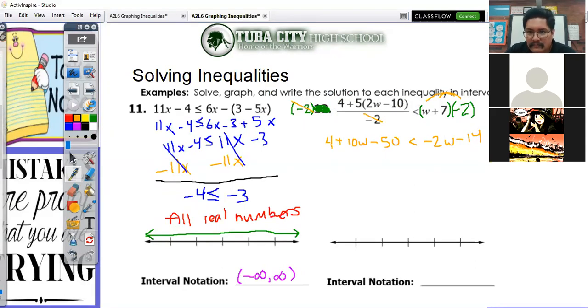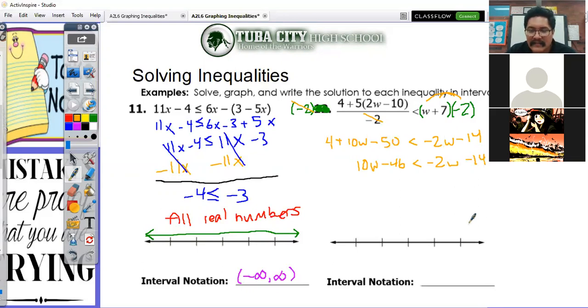Okay. Combine your like terms. So let's see, I have regular number here, so that's 10w minus 4, because my minus is a lot bigger, so it's going to be 46 less than 2w minus 14. There you go. Combined all the like terms on both sides.